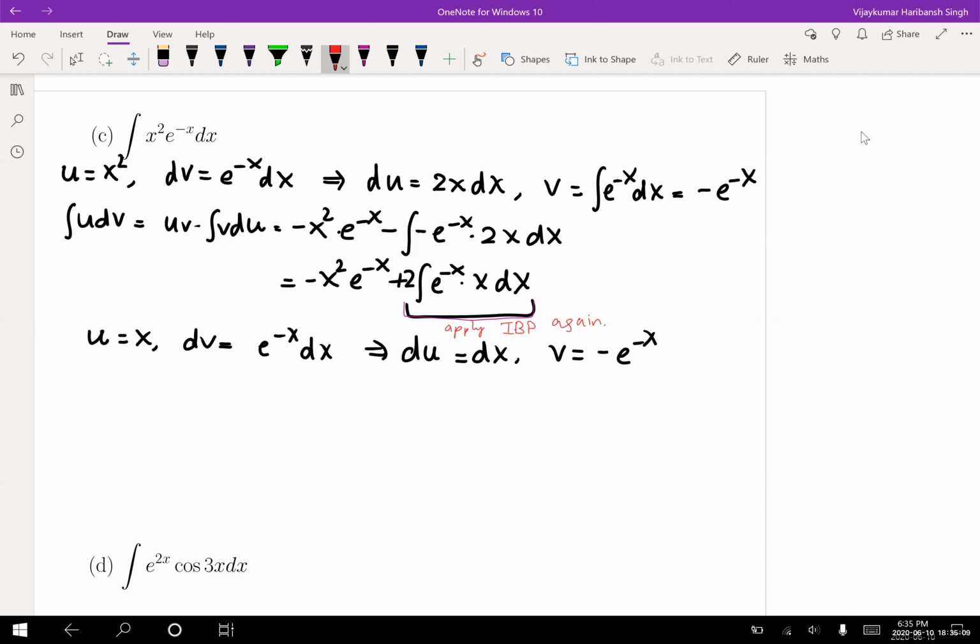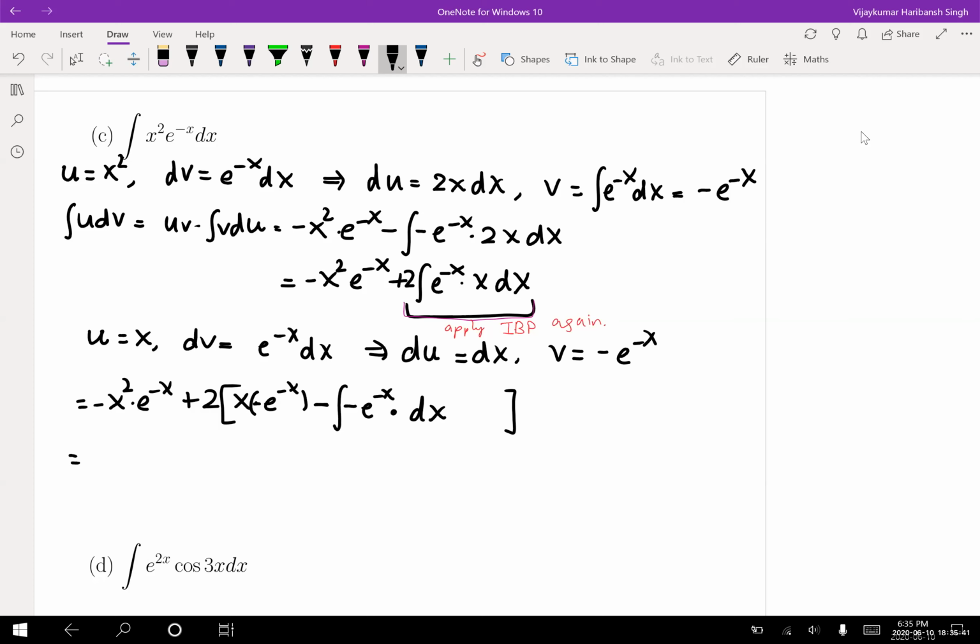So what do we get out of this? This is going to be minus x squared e to the power minus x, the first part, plus 2 times uv, which is x e to the power minus x with a minus sign. I'll keep that in bracket and later on simplify it, minus v du, which is what? Minus of e to the power minus x, and du is same as dx.